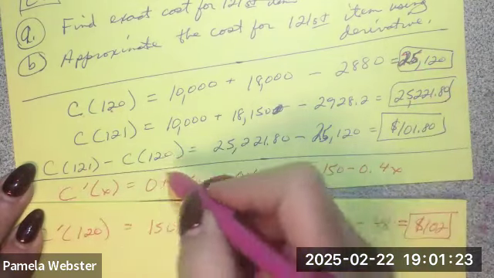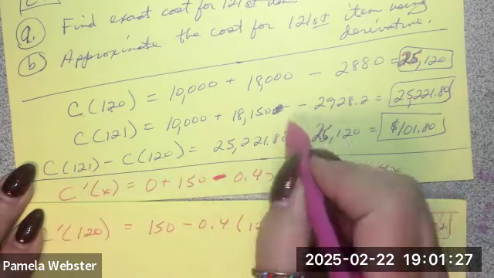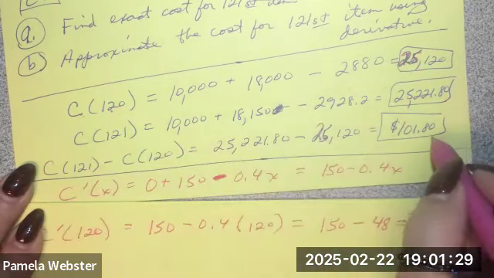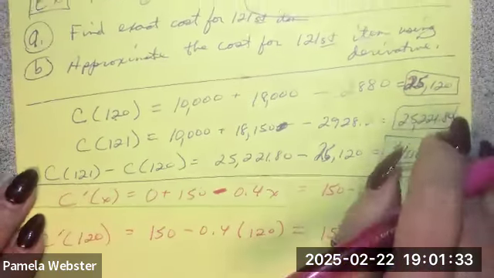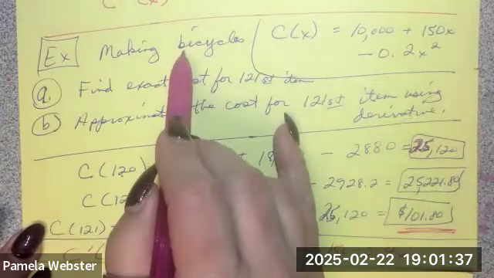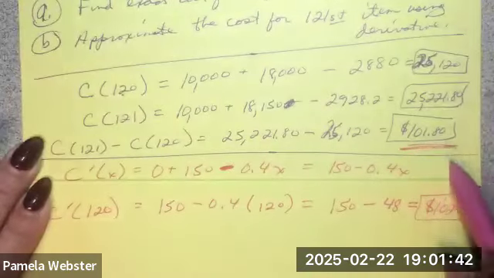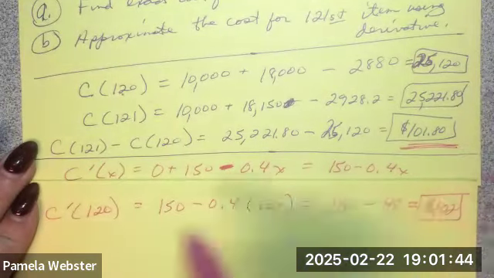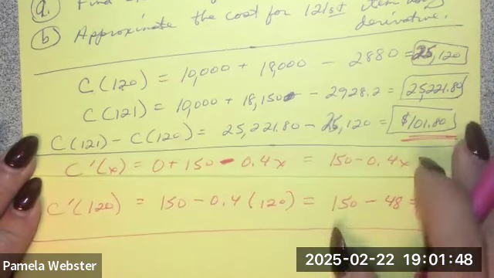The difference between those, which tells me the exact cost for the 121st item, is $101.80. So what they're saying here is the exact cost in this company to make the 121st bicycle is $101.80. Okay. It didn't take me too long to do that, but it is a little bit of math.